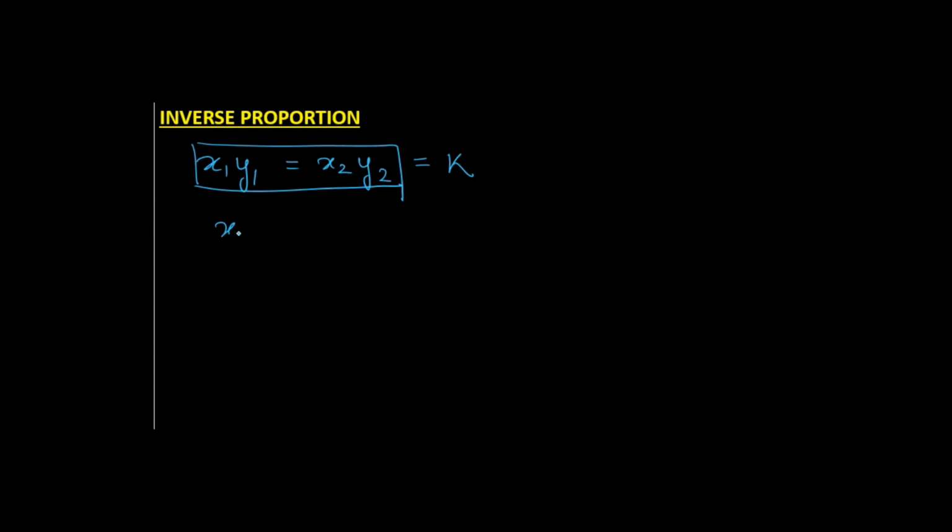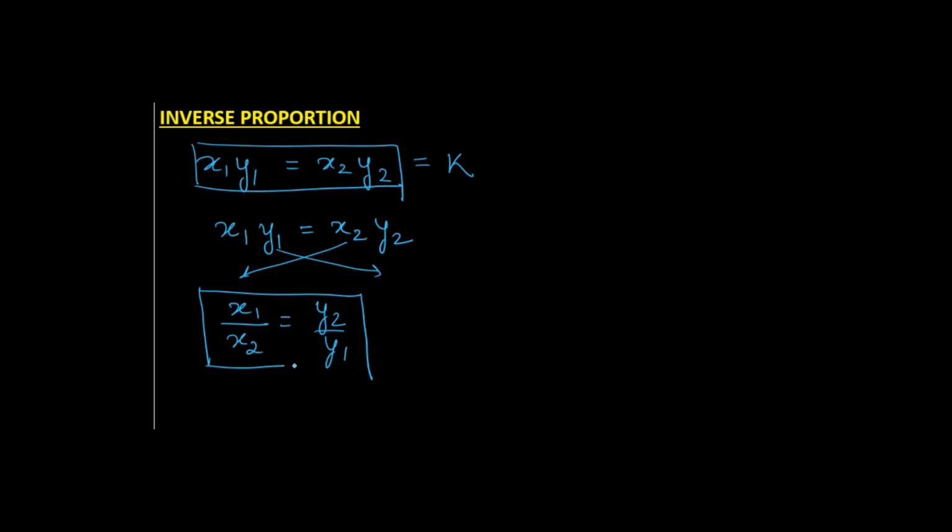So from here we get x1 into y1 is equal to x2 into y2. We bring this x2 down here and y1 down here. So we get x1 over x2 is equal to y2 over y1. And this is the formula which we use when two quantities are in inverse proportion.